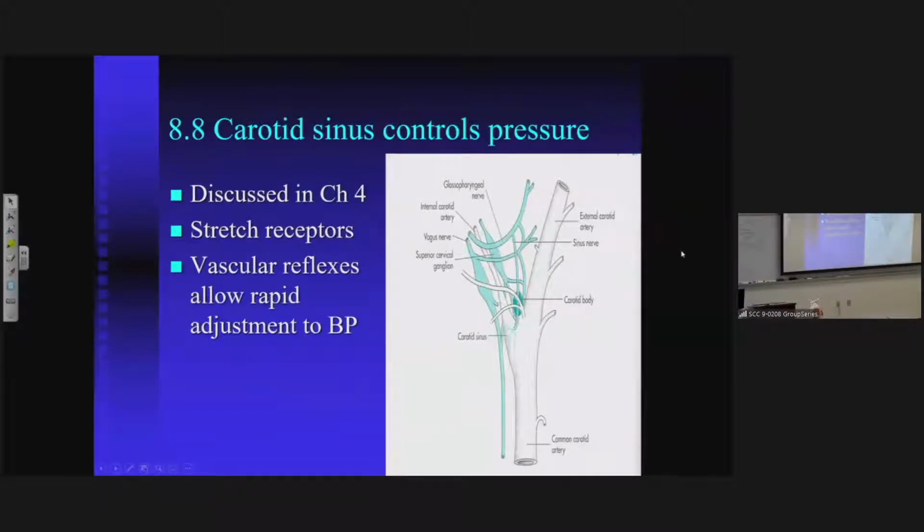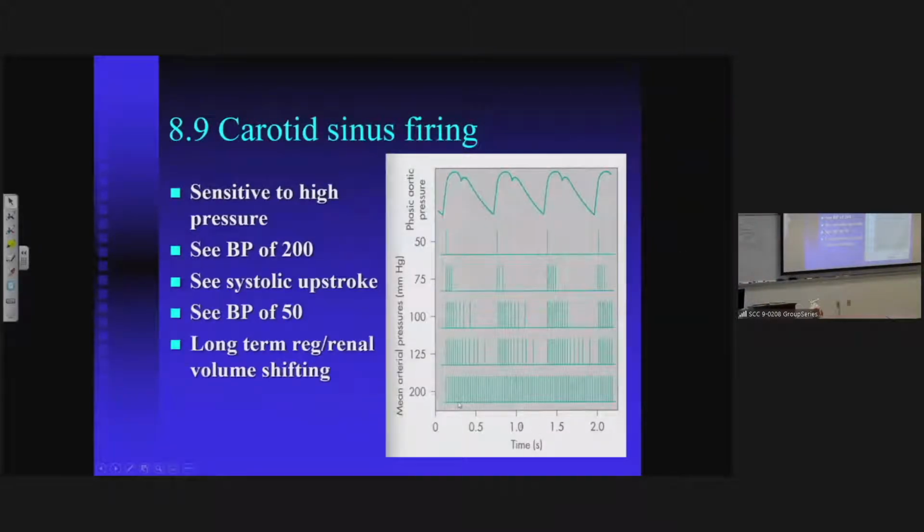Okay, enough about that. This is the firing of the sinus node, these carotid sinus nodes. It says sensitive, the carotid sinus firing. So it's trying to slow you down. Sensitive to high pressure, see blood pressure 200. Well, if you have a high pressure, it's like bang, bang, bang, alarms, slow it down, slow it down.